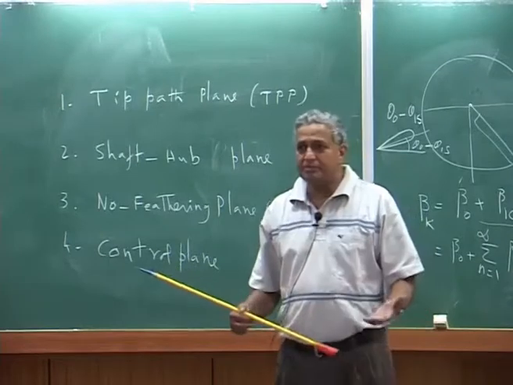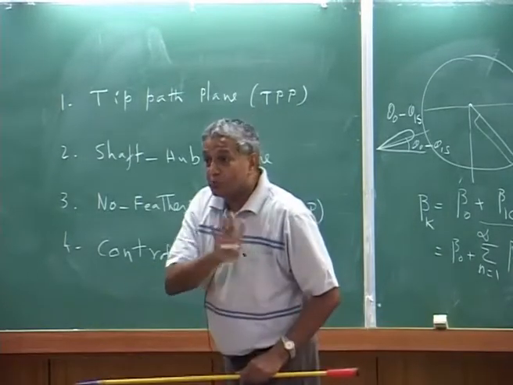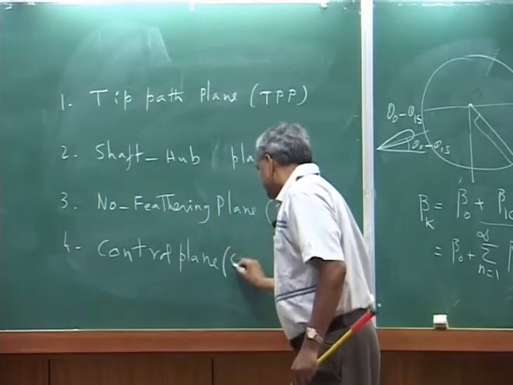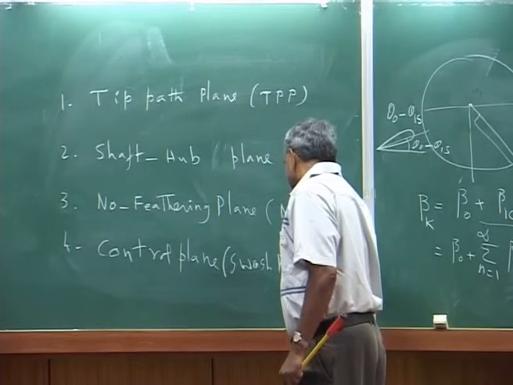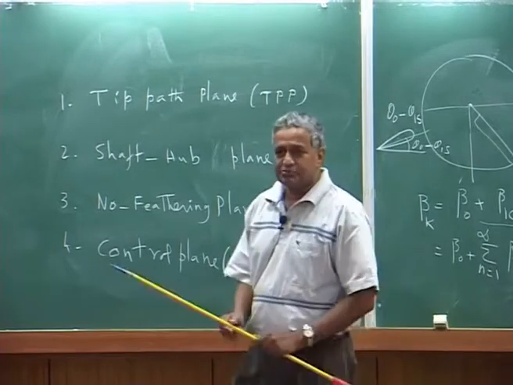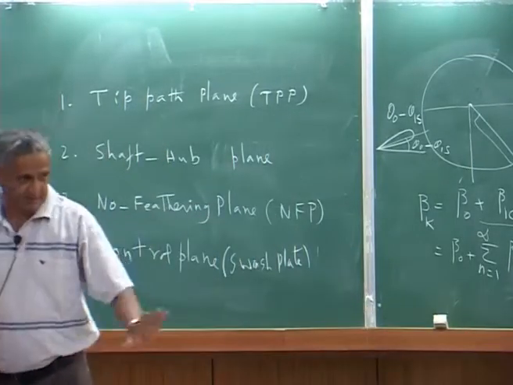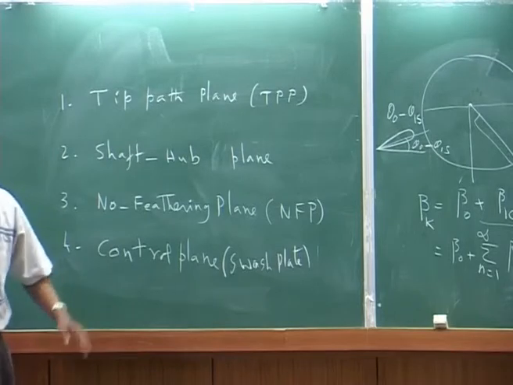What is control plane? Control plane is basically the plane of the swash plate. But please understand, swash plate I mentioned here because swash plate is there for these helicopters, swash plate plane.